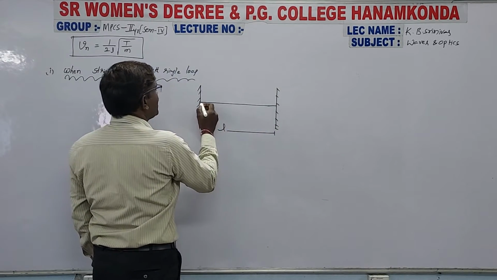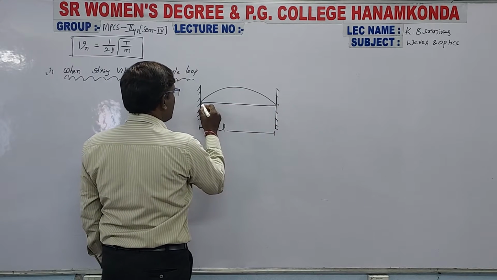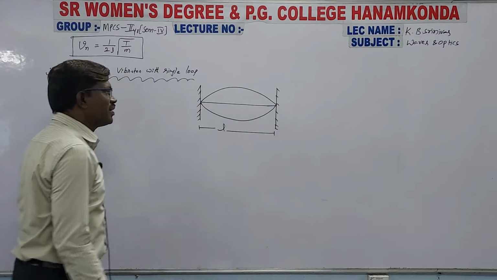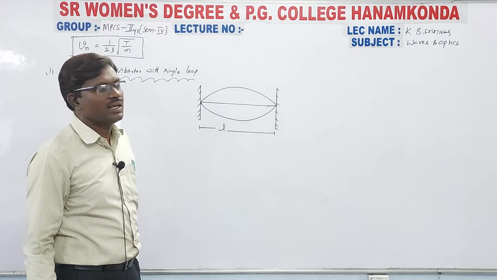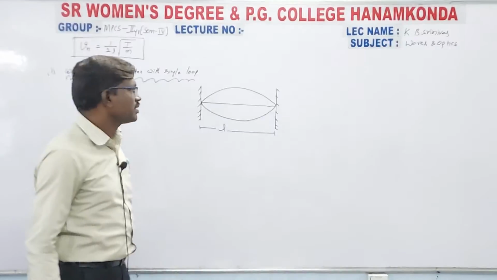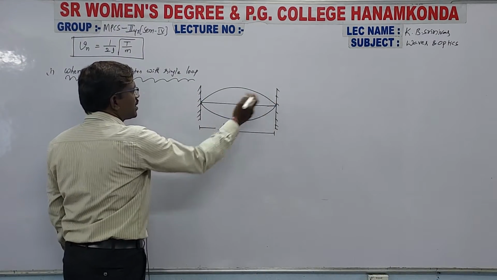According to our side heading, the string is vibrating with a single segment. How do we calculate the frequency of the string? This is one crest.